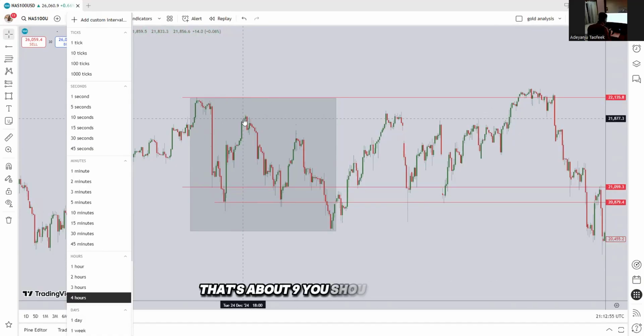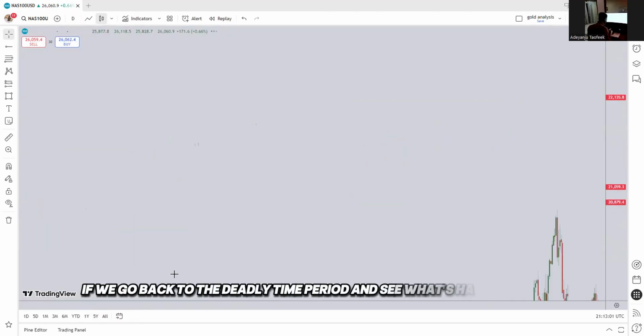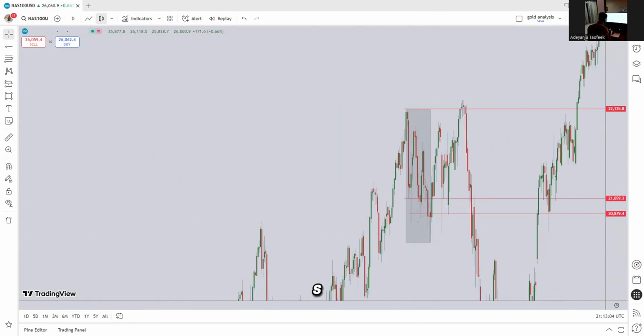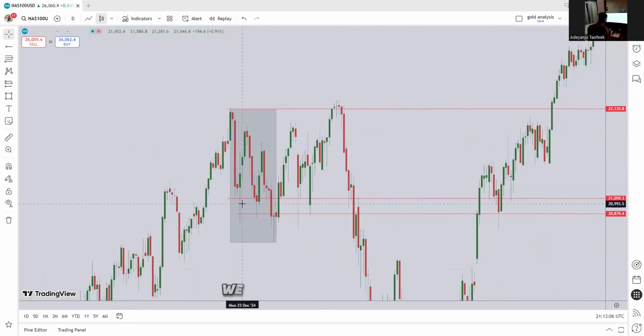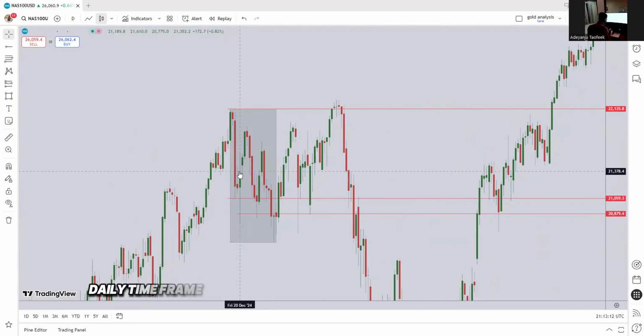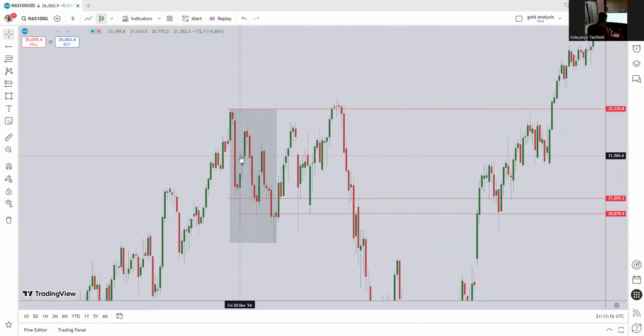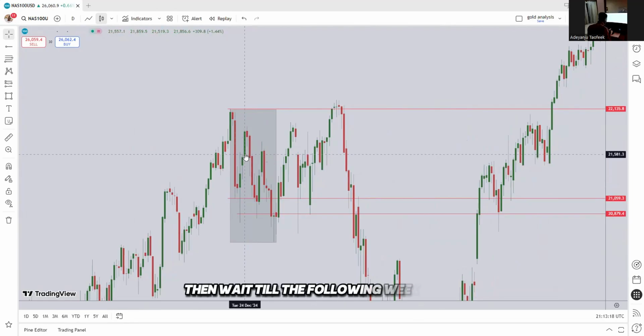Now if we go back to the daily time frame and see what's happening there, we could have gotten in here and then waited for price to get back inside this level on the daily time frame, and then you could literally just hold for the day, then wait till the following week, right?